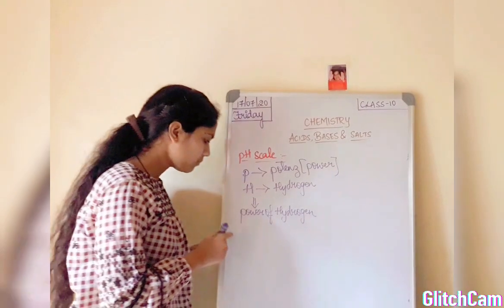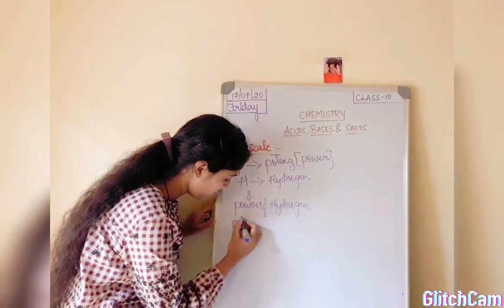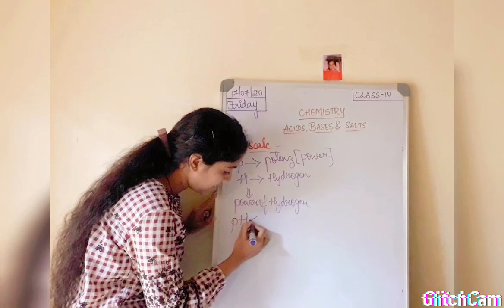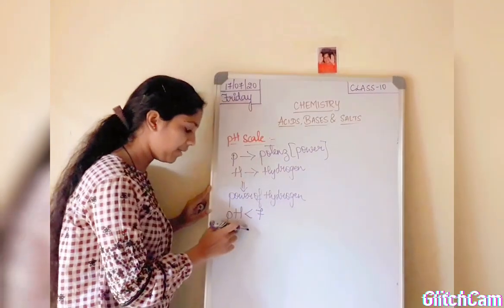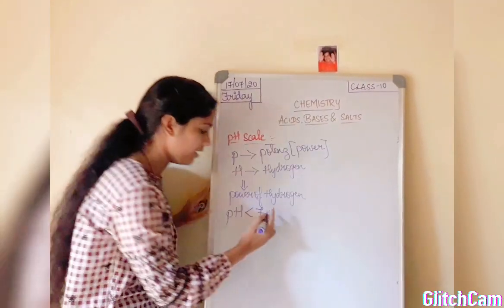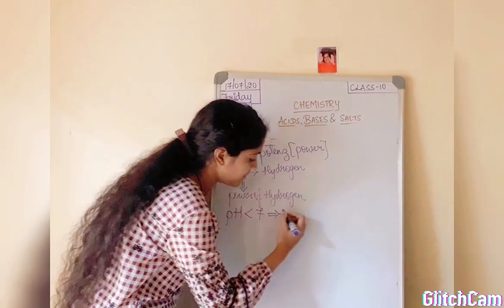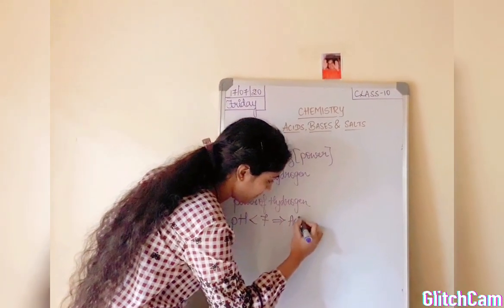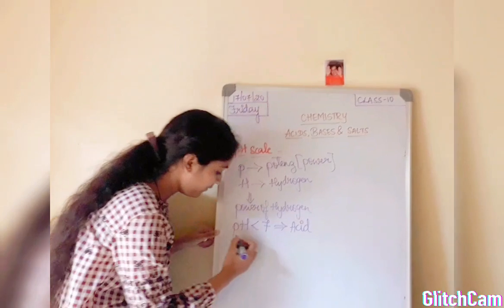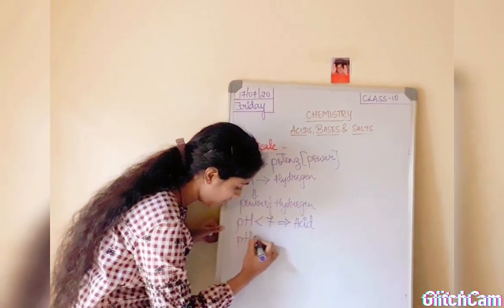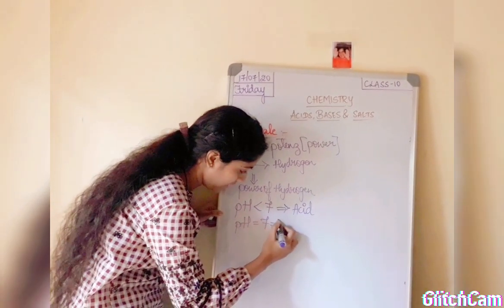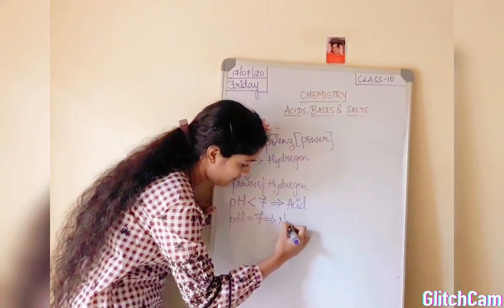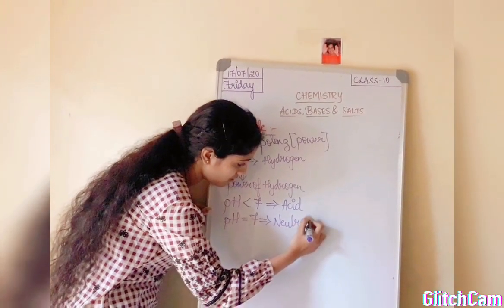If the pH of a substance is less than 7, then that substance is an acid. If the pH of a substance is equal to 7, then that substance is neutral.